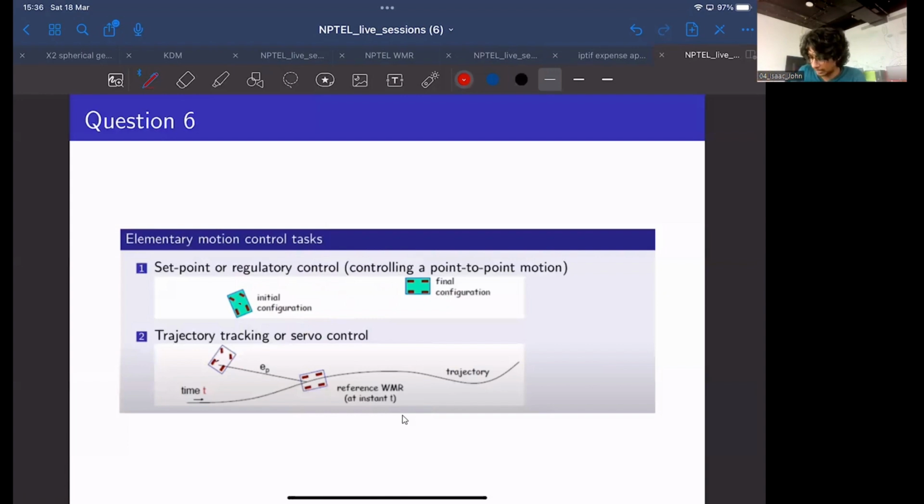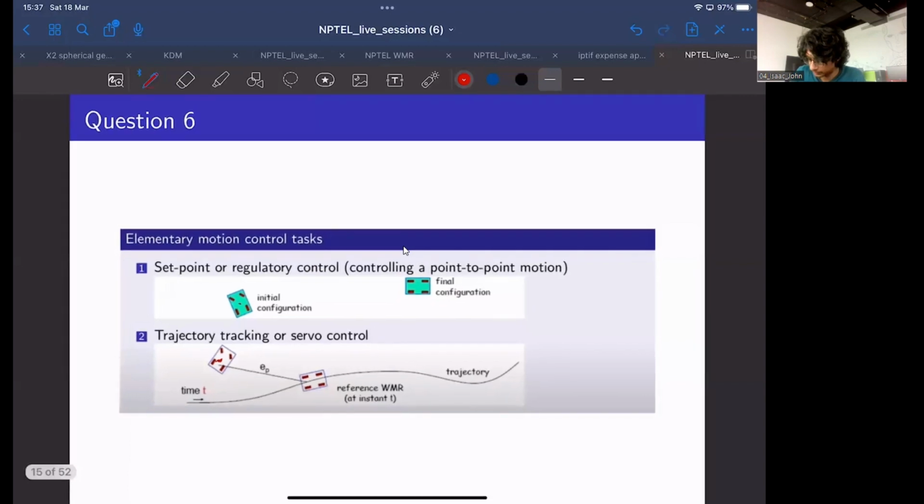But in case of a tracking problem, how the robot moves from the initial configuration to the final configuration at every instant of time is a matter of concern. So we would want to control the robot so that it will go through a desired trajectory at every instant of time. Right.